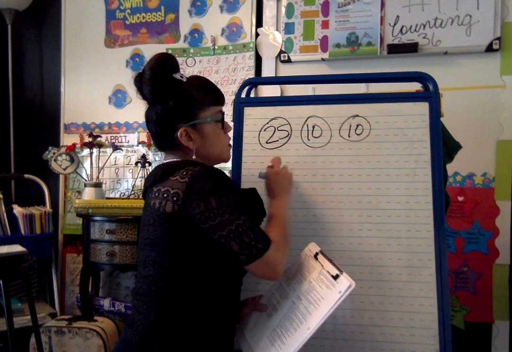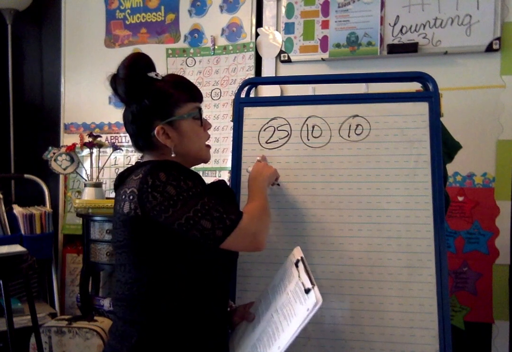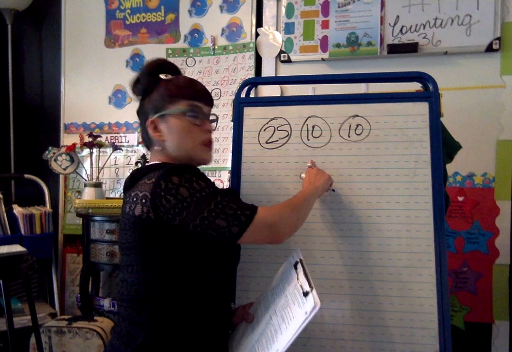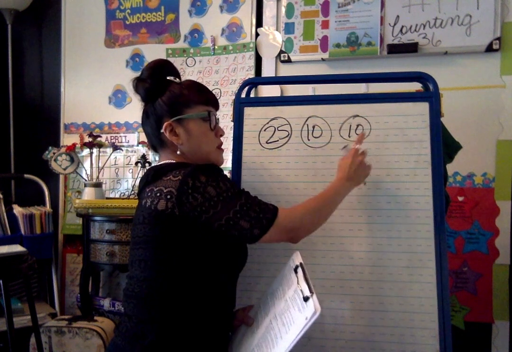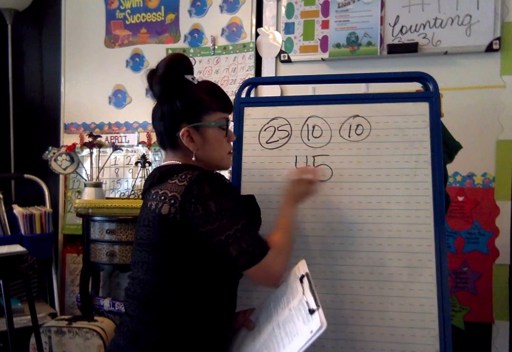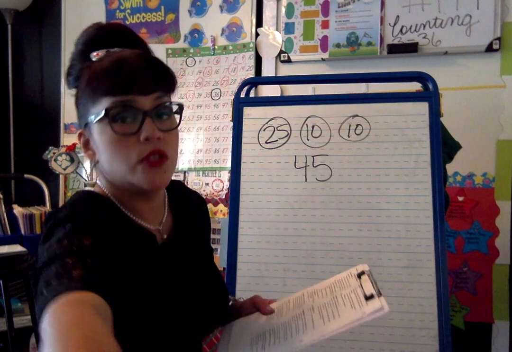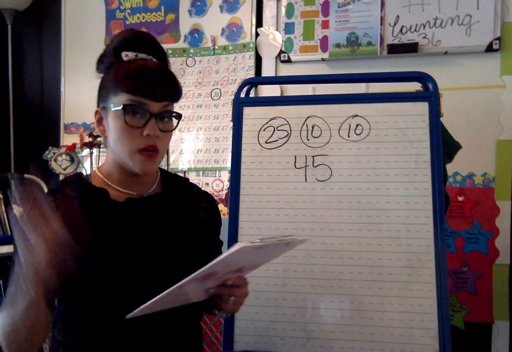So we're going to count by tens. We start with 25. What's next? 35 and 45, right? She had 45 cents, so the first thing you had to do is figure out how much money she had.